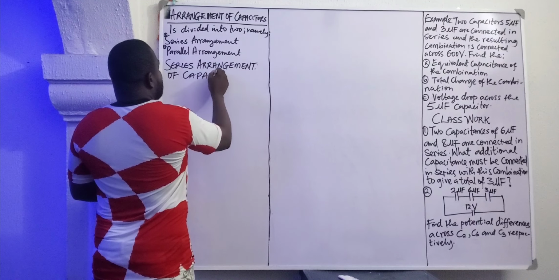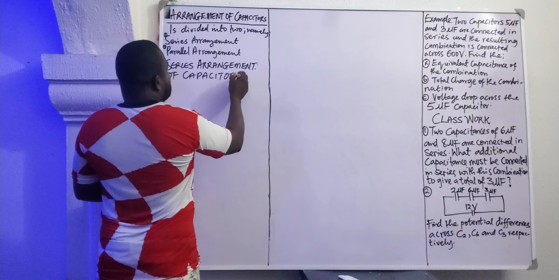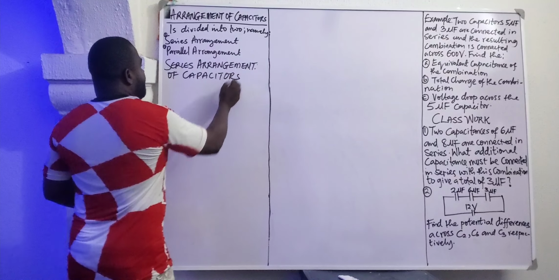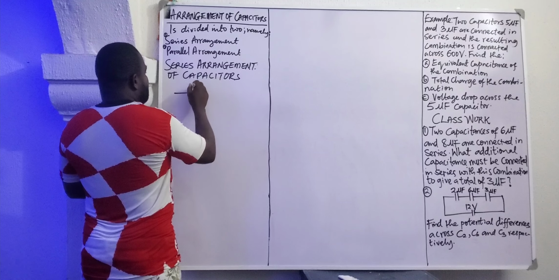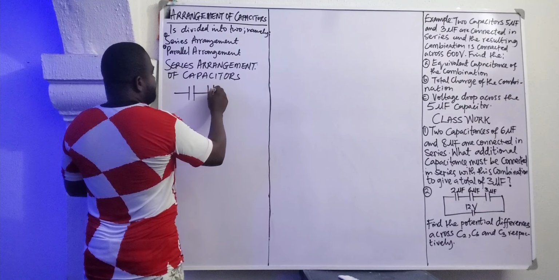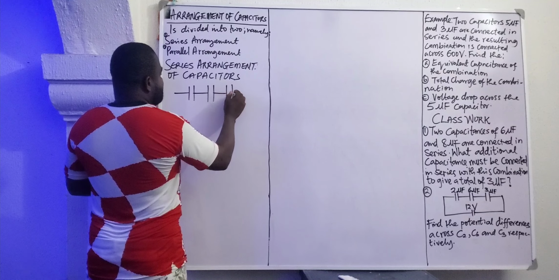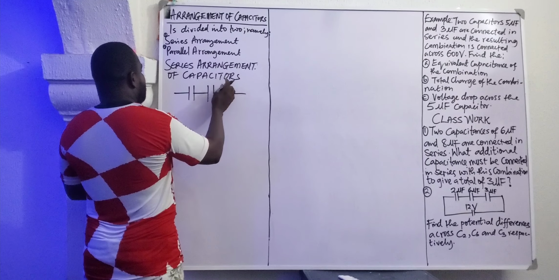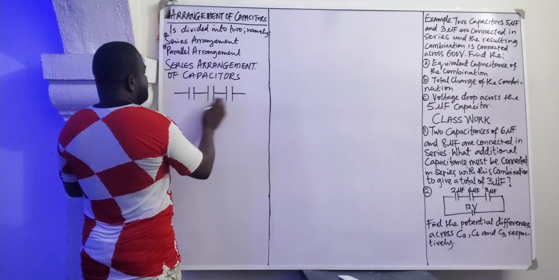Now, how do you recognize series arrangement of capacitor? The capacitors are put end to end. Remember, this is the circuit symbol for capacitor, equal length of the lines or the terminals.